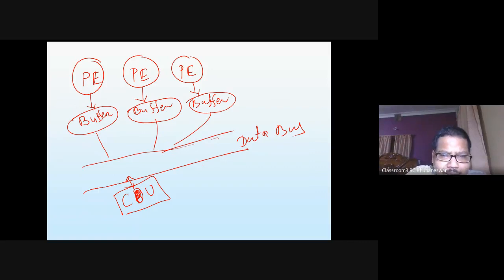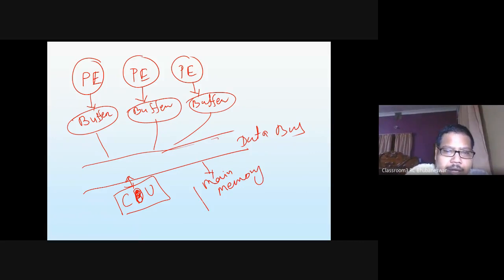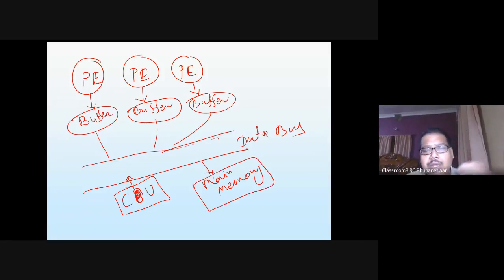So here we have our main memory. Now you see this single main memory will give all data to the processing elements, and the control unit will decide which data to give to whom. Every data depends on this single main memory, and that's why we have a server concept here. Every system depends on this particular main memory.